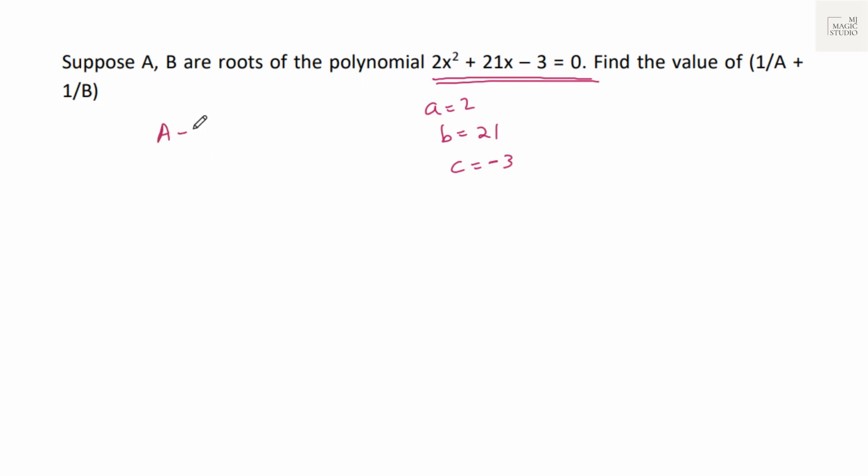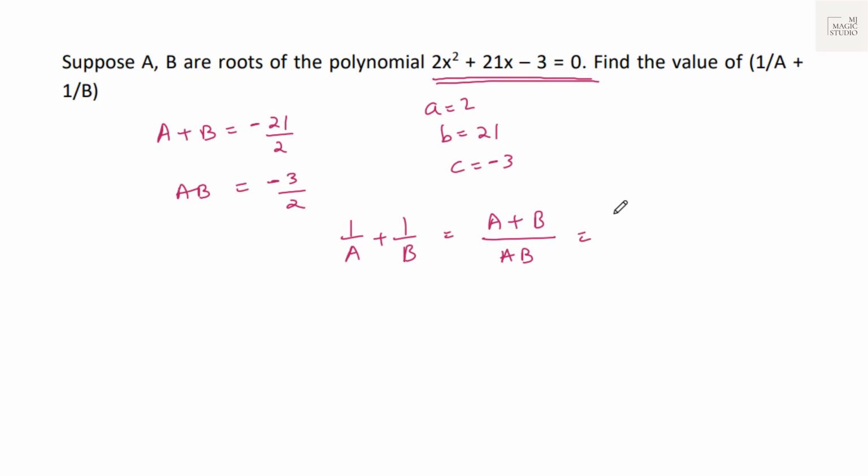Then the sum of roots A plus B is given by minus B by A, and the product of roots A into B is given by C by A. Now what they are asking: find the value of 1 by A plus 1 by B, that is nothing but A plus B upon AB. A plus B is minus 21 by 2 divided by minus 3 by 2. So that is actually minus 21 by minus 3, that is 7.